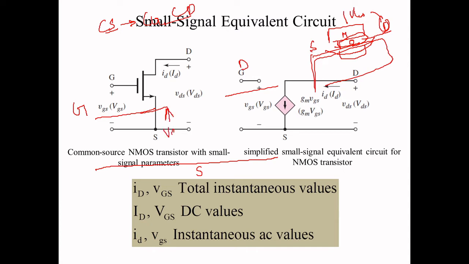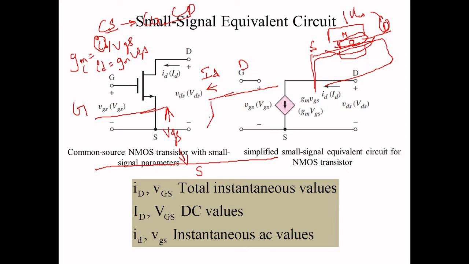So VGS. Now the output current ID: you know the transconductance, so from there we can write gm equal to the change of ID with respect to VGS. The requirement is to find ID, so ID is nothing but gm times VGS. It is a dependent current source.